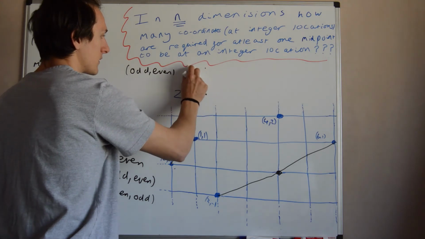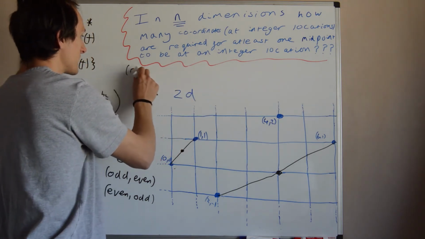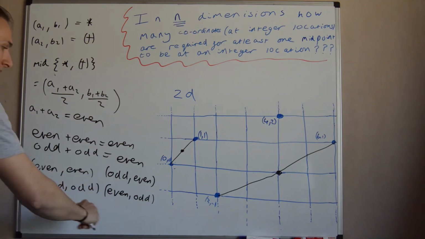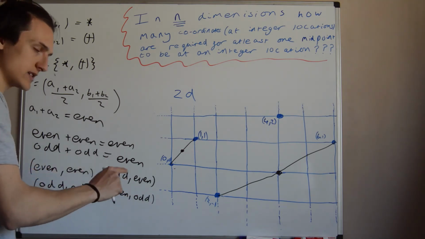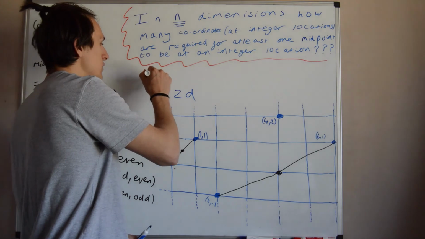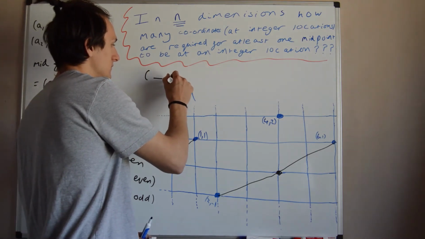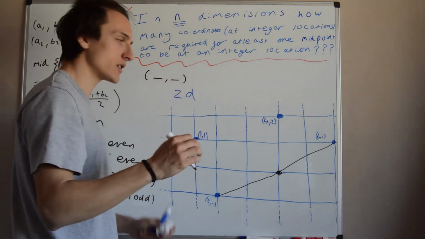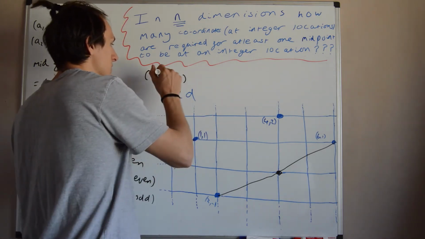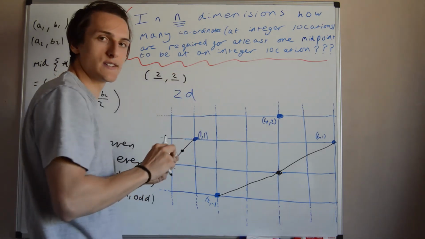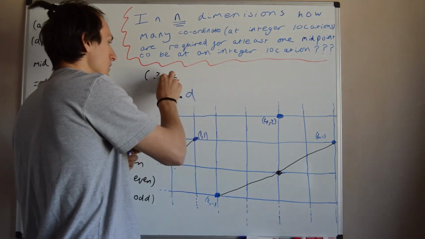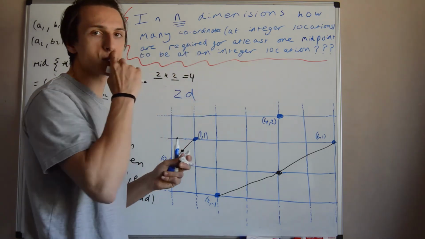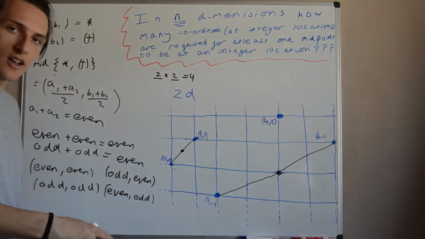Okay, so now let's consider n dimensions. Well, how many of these parity pairings do we have? Well, in 2 dimensions, the x coordinate could be even or odd, the y coordinate could be even or odd, so we have 2 possibilities for the x coordinate, 2 possibilities for the y coordinate, so altogether we have 2 times 2, which is 4 possibilities, 4 pairings of parity.